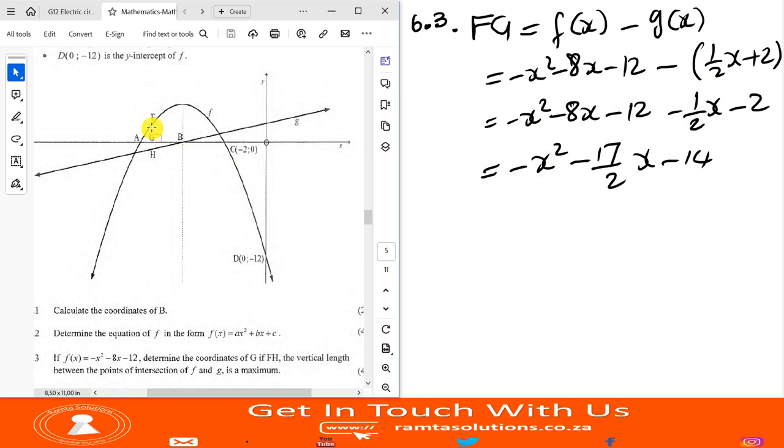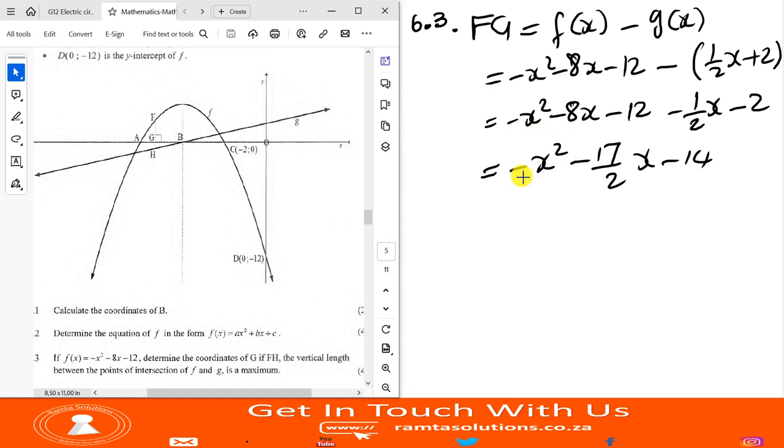So it is the distance between these two. Now for it to be a maximum, it's totally up to you. You can complete a square, or if you don't complete a square, you can differentiate, whichever you prefer. Let me differentiate.